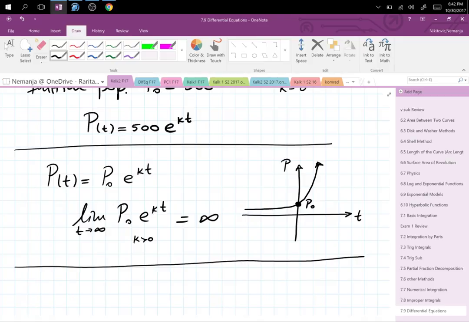And then after that, we solve the differential equation, and whatever equation we get at the end is the model for the situation. We can analyze that model and see how good that model is, how well it predicts the future, because we have data points that we can use to show.